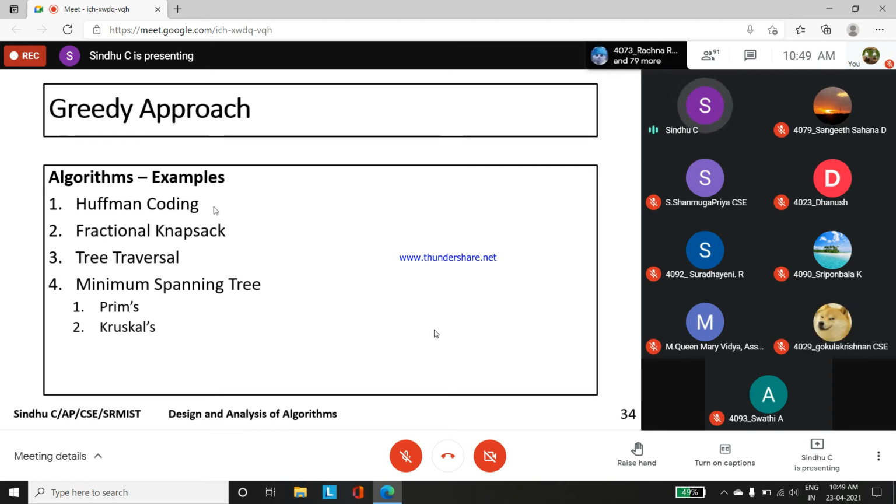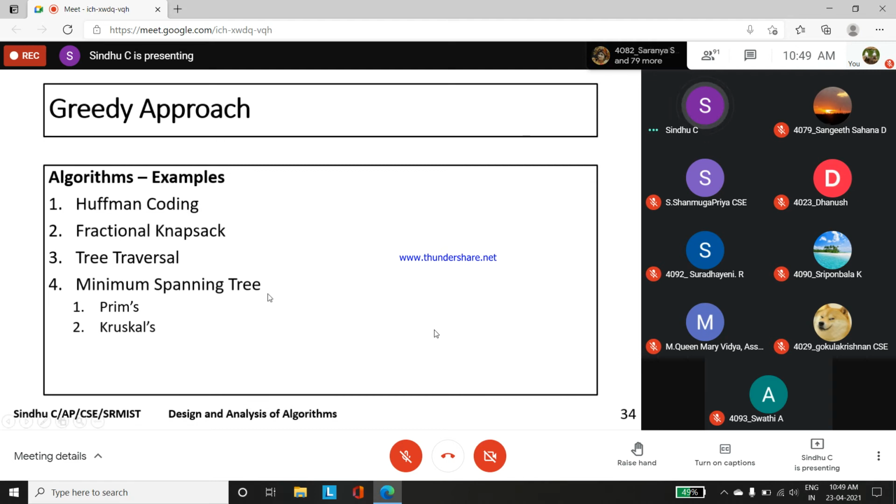So if I have 5 kgs of apple, I can take 2 kg, 1 kg or so. That is fractional knapsack. Tree traversal, this is pre-order, in-order and post-order, right? How to traverse a tree. So all these problems can be solved using greedy approach.